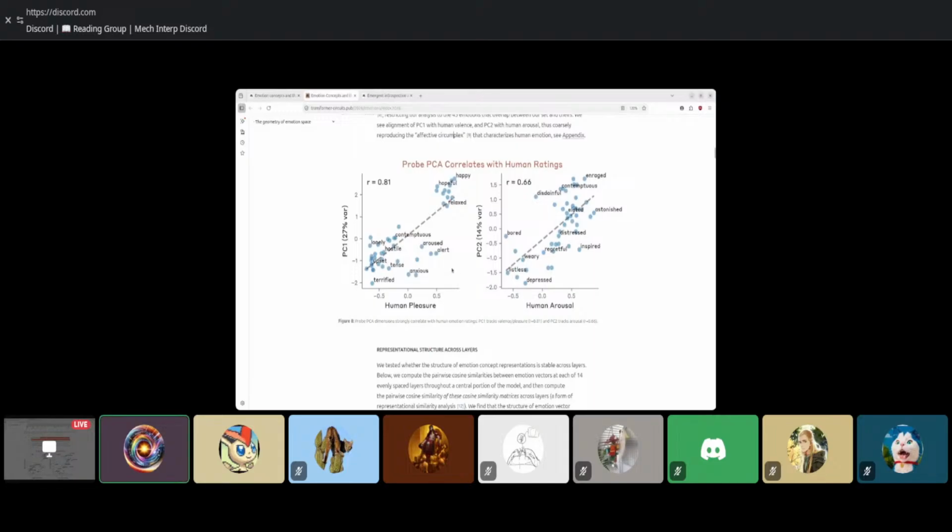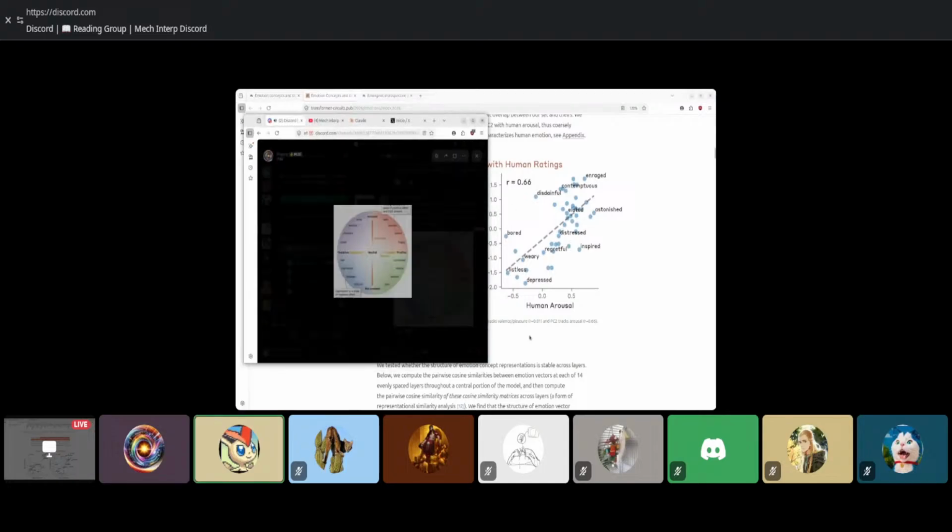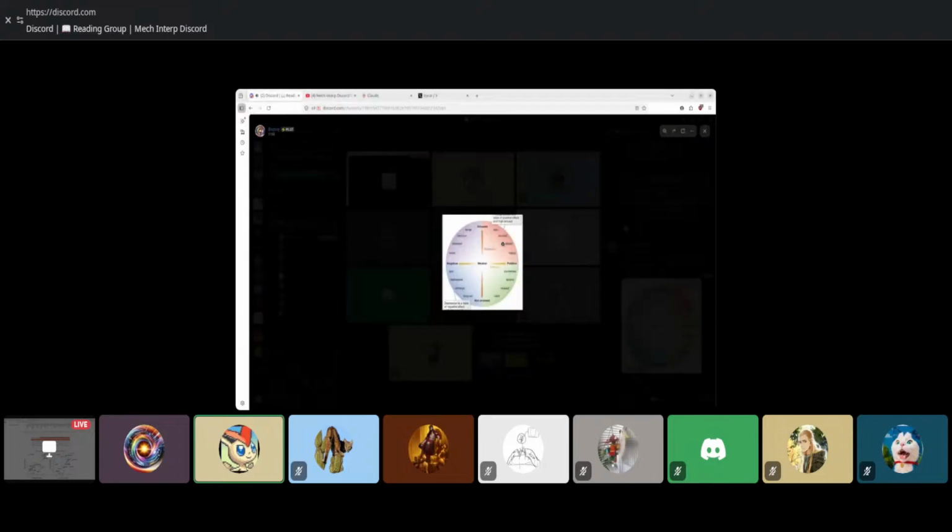I would take the embeddings and do dimensionality reduction. Even then, with the thing you showed here, you could see that if you have two axes, things can be negative and aroused, or positive and not aroused.